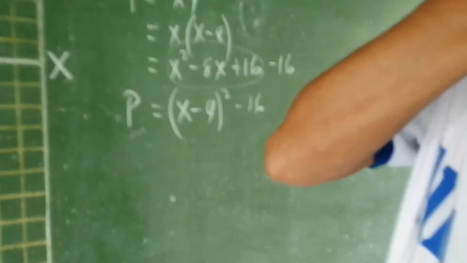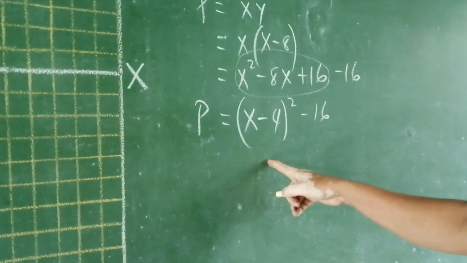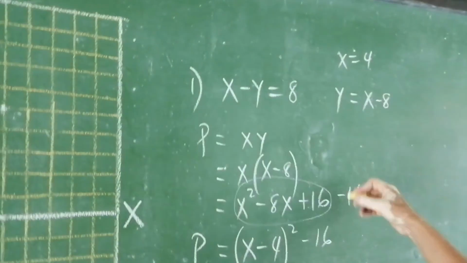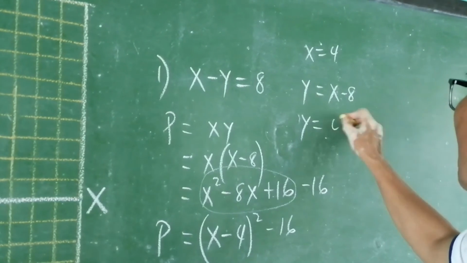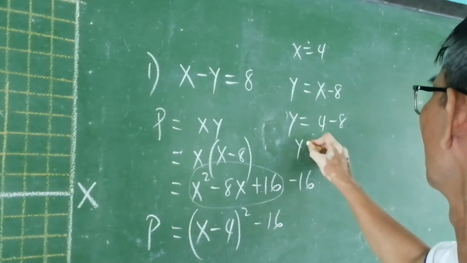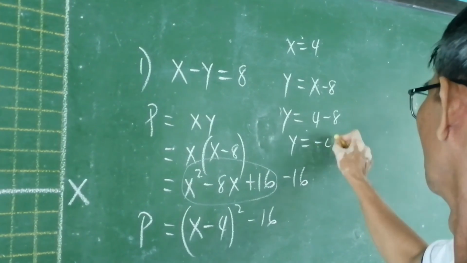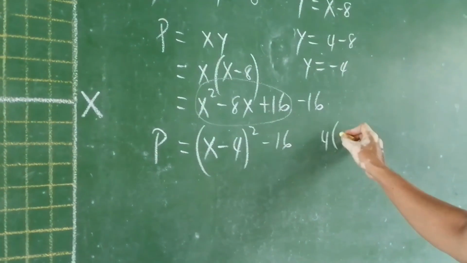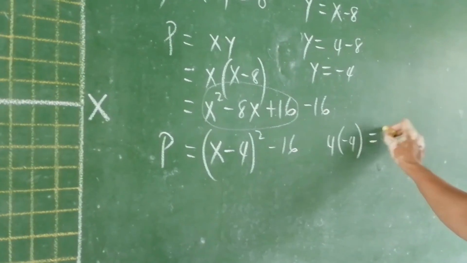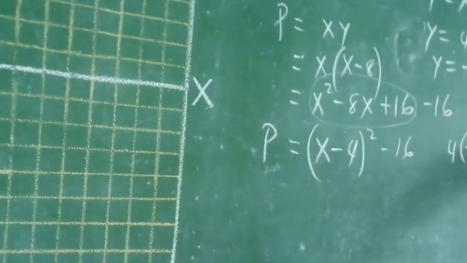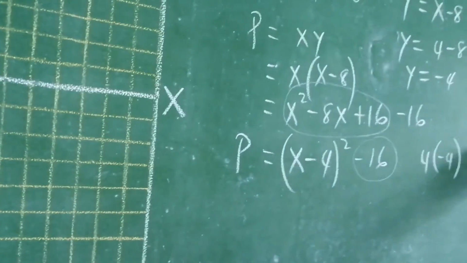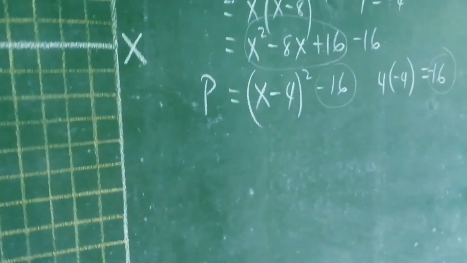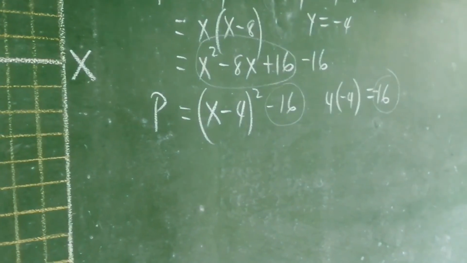So when x is 4, y will be equal to 4 minus 8. So y will be equal to negative 4. So therefore, when you multiply 4 times negative 4, that will be equal to negative 16. So this is negative 16. So the product is a minimum because it is negative. Okay.